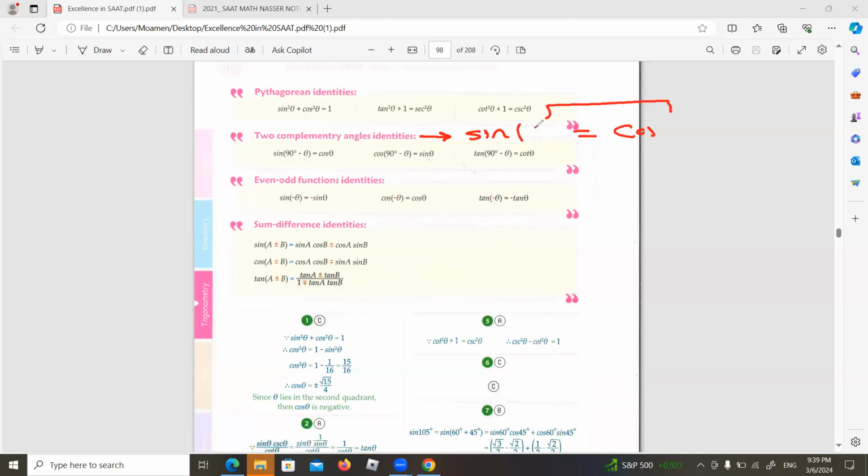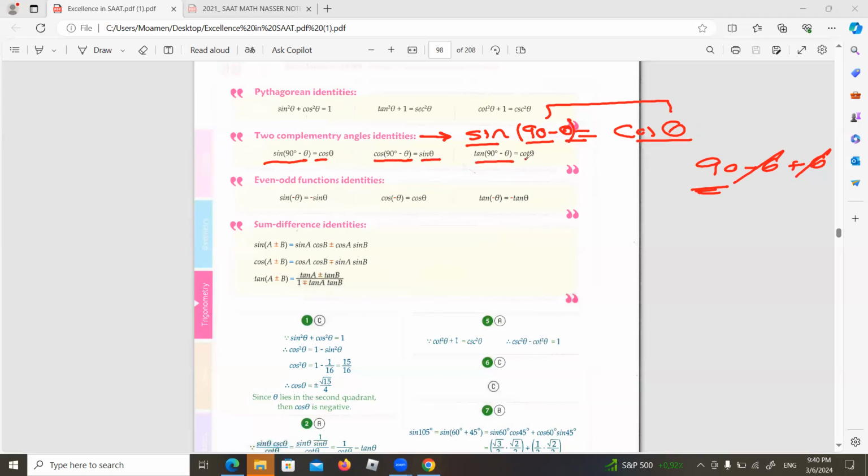It means if the first angle is 90 minus theta and the second angle is theta, if you add the two angles, it will be 90, because minus theta plus theta cancel. So sine of 90 minus theta equals cosine theta, and the opposite, cosine of 90 minus theta equals sine theta.